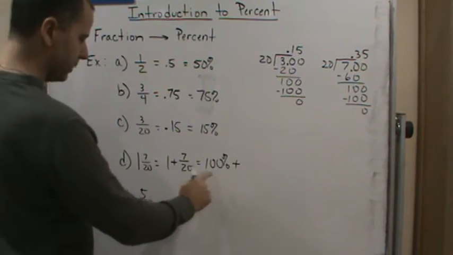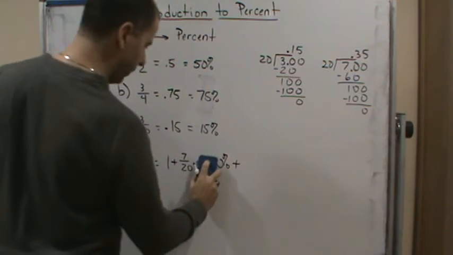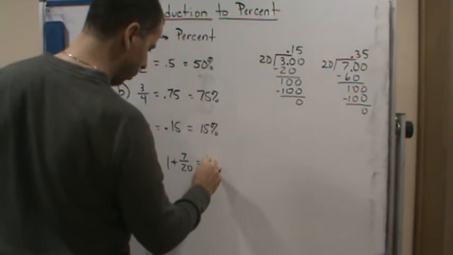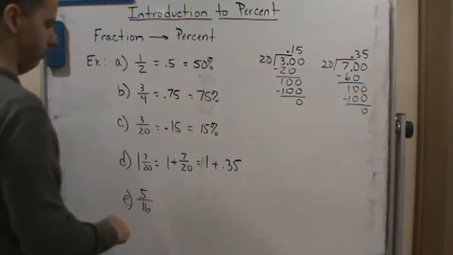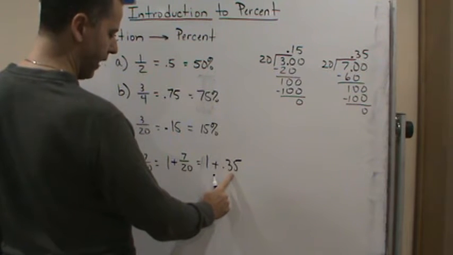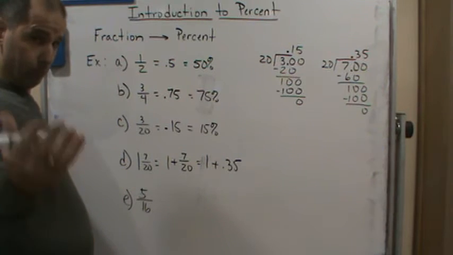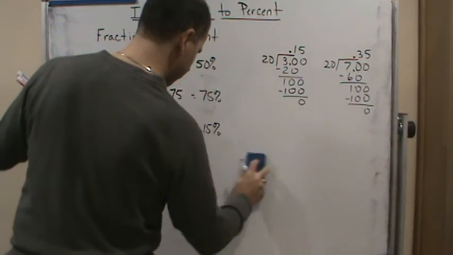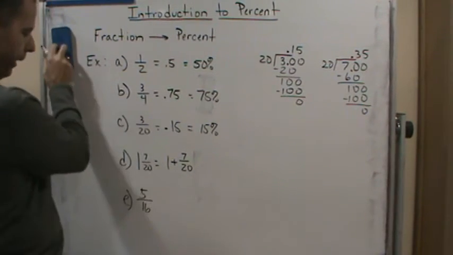So this part is 0.35. Let me put an intermediate step in here. So this is actually 1 plus 0.35, and then 100 times 1 is 100, 100 times 0.35 is 35, and so 100 plus 35 gives me 135%. So you could do it that way.